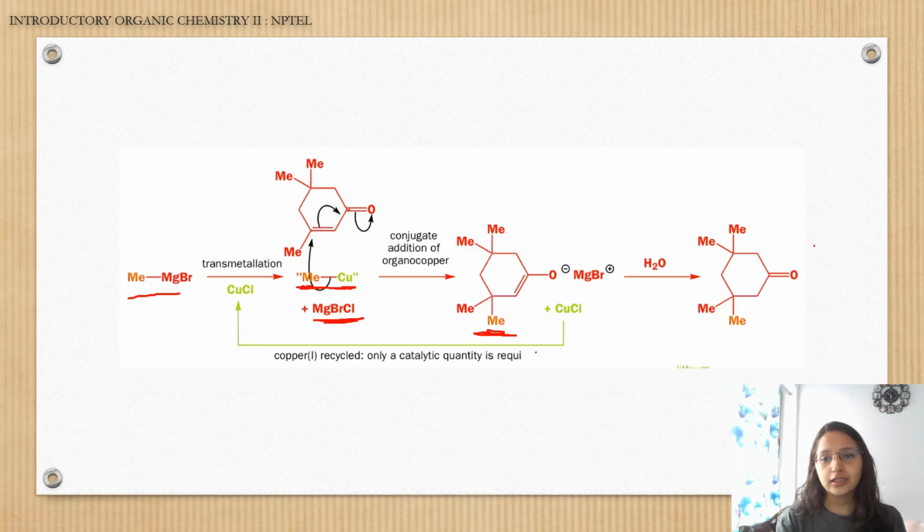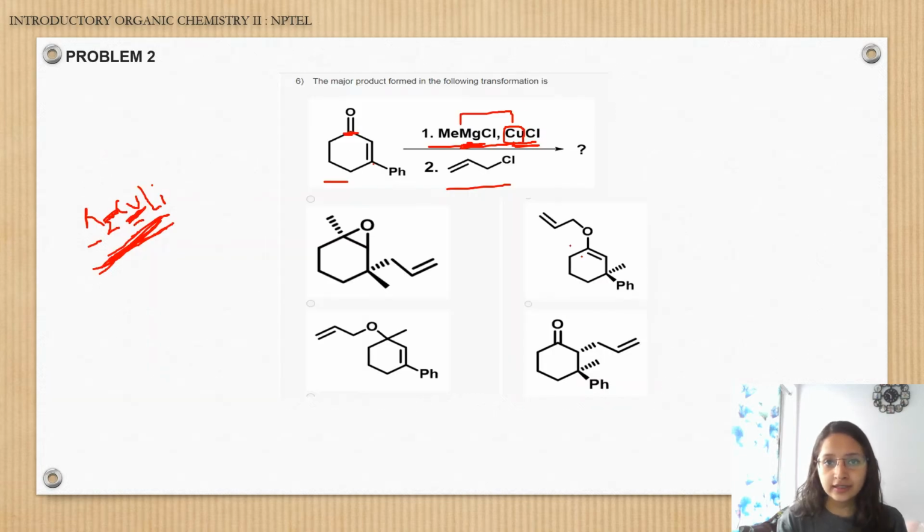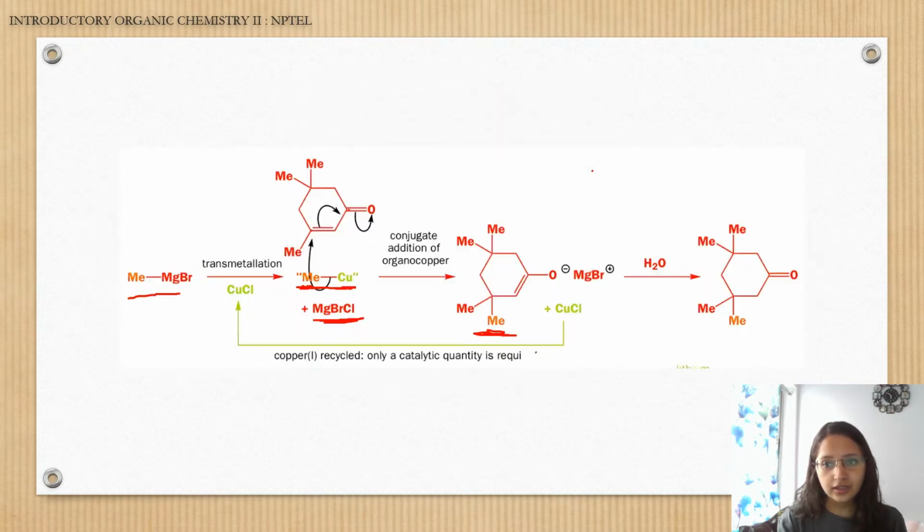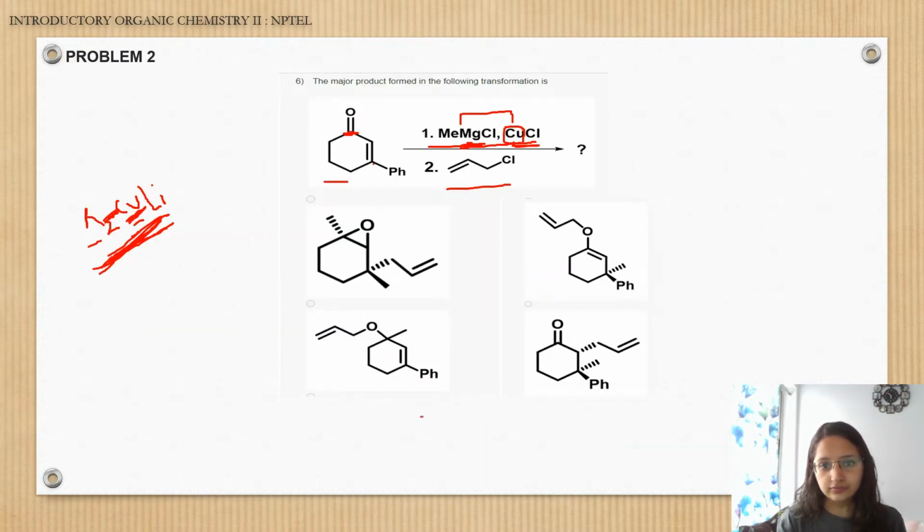Yes, ma'am. So in this particular product, what you have to see is how this reaction is working, and also the stereochemistry. Which according to the four options is the final product? Leave the stereochemistry, just tell me the final product first among the four. Fourth one, very good. The fourth one is the final product.